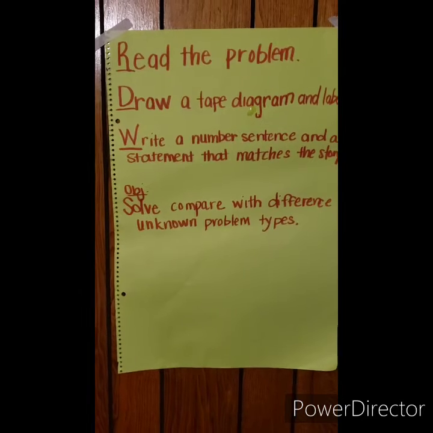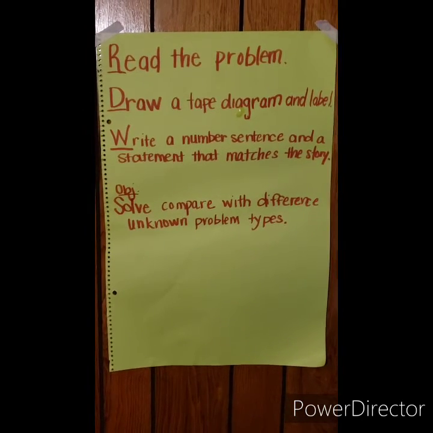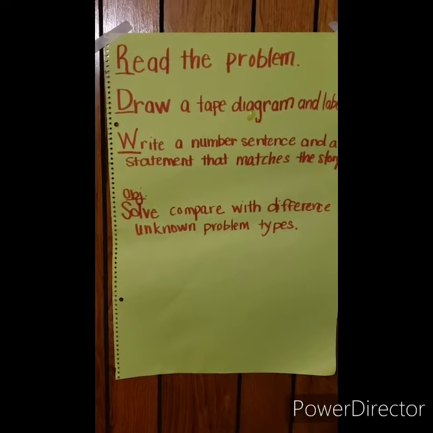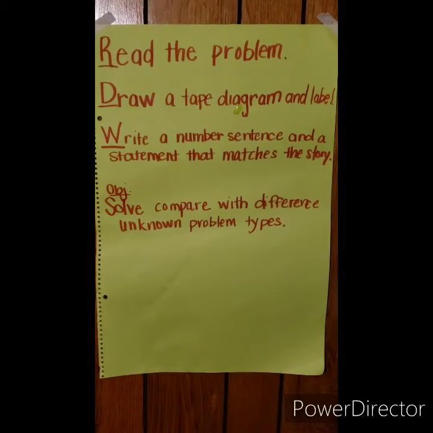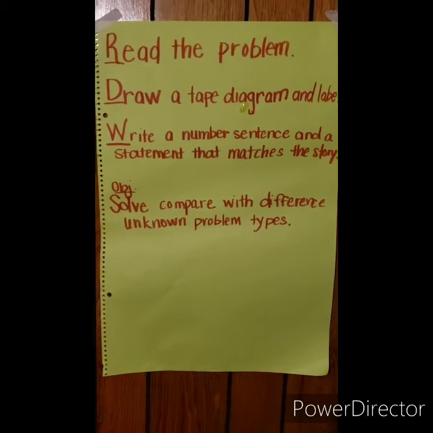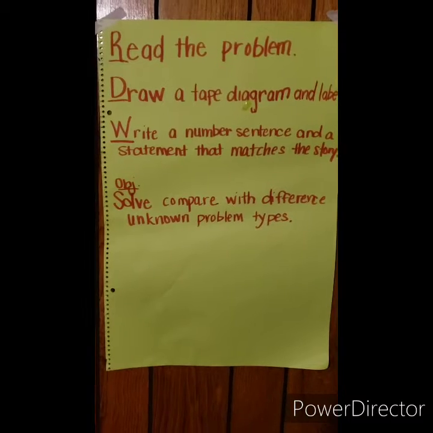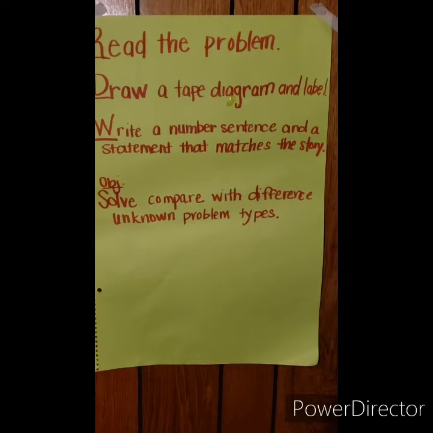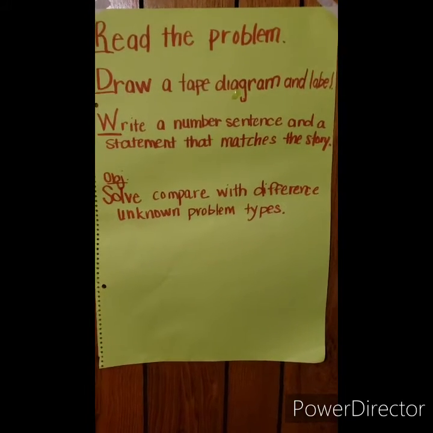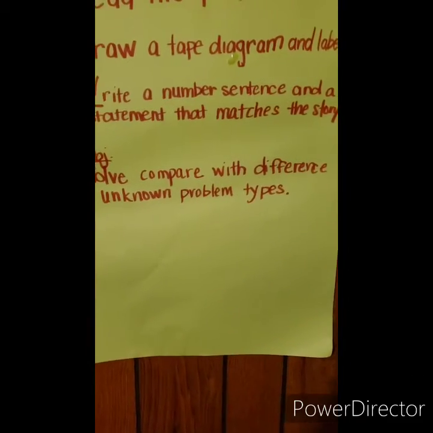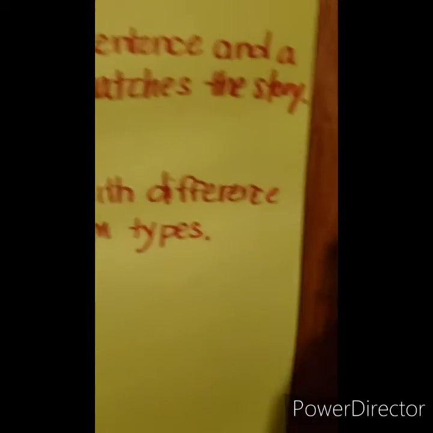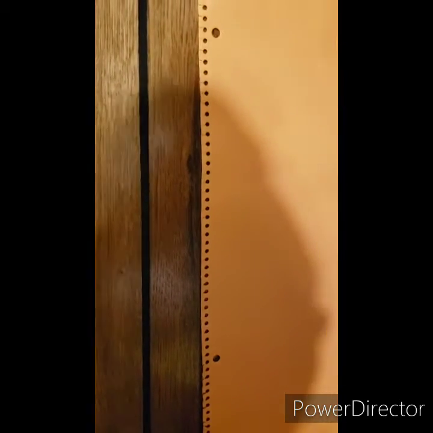W stands for write a number sentence and a statement that matches the story. So you might hear me refer to the RDW strategy, and that's what I mean. I want you to listen as I read the first word problem, and then we're going to go into starting our lesson.